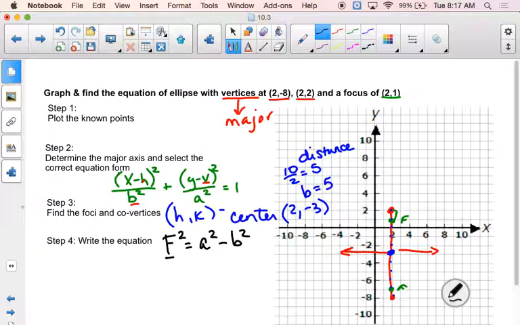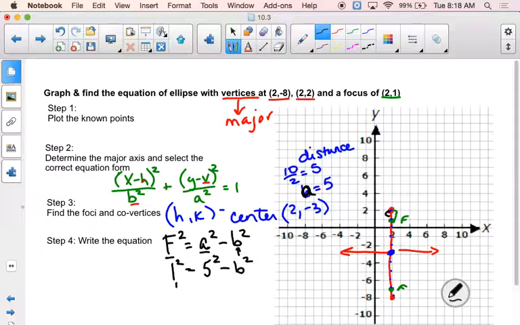Well, I know the focal distance, and I know my a distance, so if I plug and chug, I can find b. So 1 squared, because my focal distance is 1, is equal to a squared, which I found, oh, wait a minute, I'm sorry. My a equals 5, sorry about that. B comes first, but a is always the variable for the major. Need more coffee. Okay, is equal to 5 squared minus b squared.